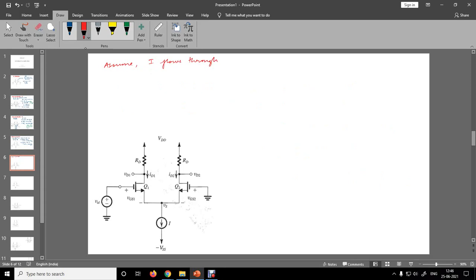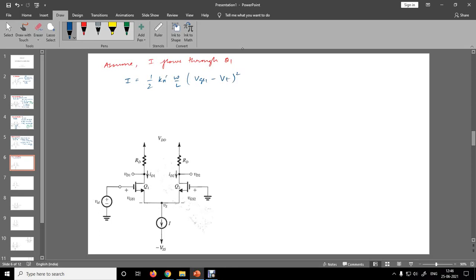VGS2 is practically 0, right? So all the current will flow through Q1 only. So I flows through transistor Q1. Then I can write I as half Kn prime W by L into (VGS1 minus VT) whole square. Okay, VGS1 minus VT whole square.